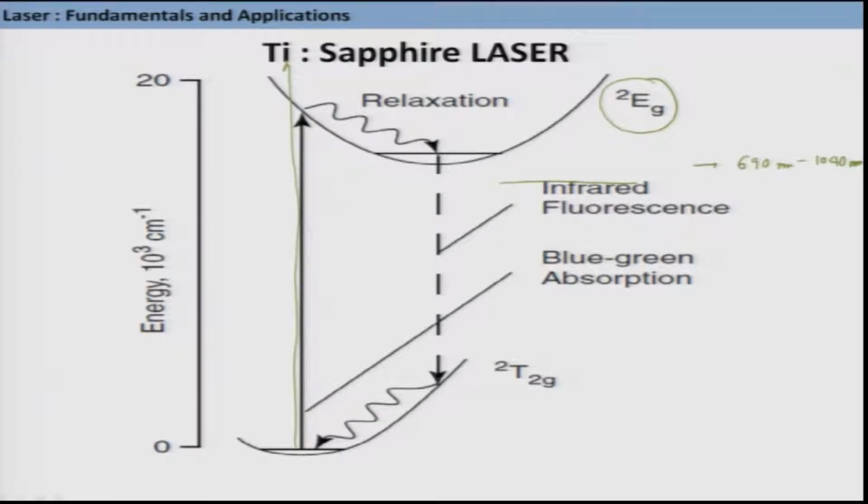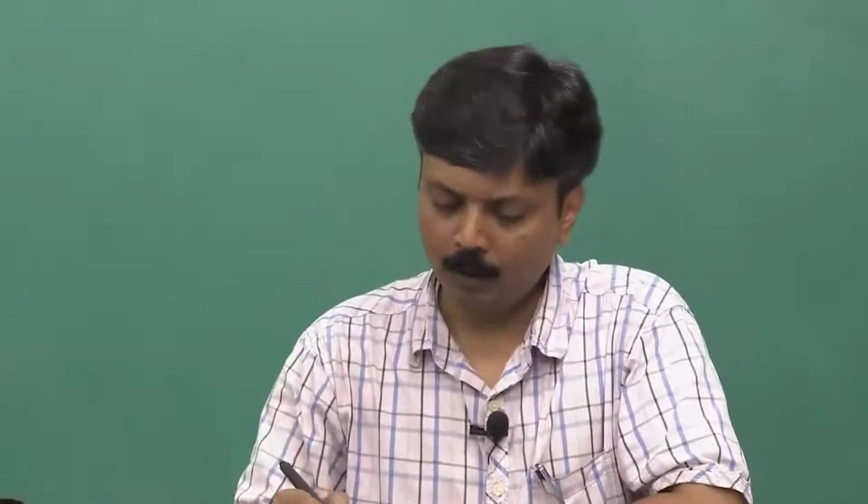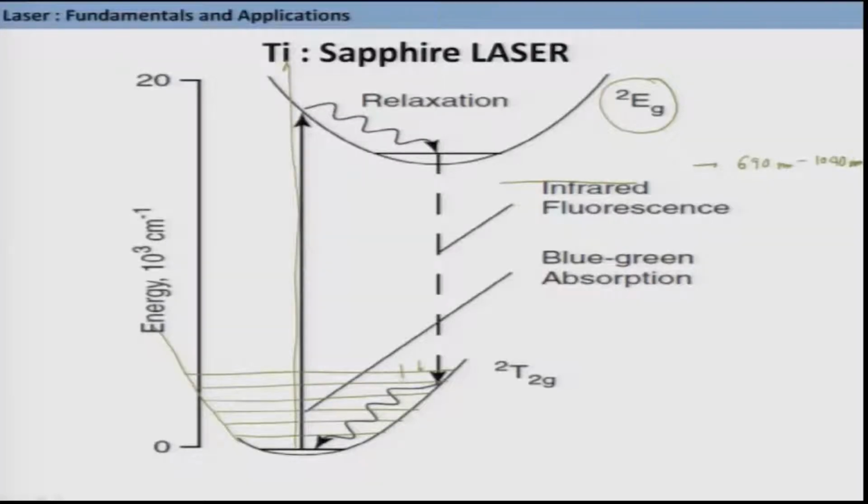Now they can come down to various different vibrational states. Not only at this state: if I continue, you have vibrational states. Just for simplicity I am giving equal spacing between the vibrational levels, but for actual systems they are not equal. The gap between the vibrational levels reduces as you go up in energy. So it can come down here, here, here, and here.